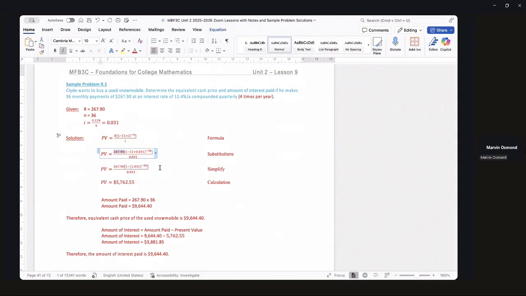So now we're going to simplify, because 1 plus 0.031 is 1.031. Everything else we're going to leave as it is.